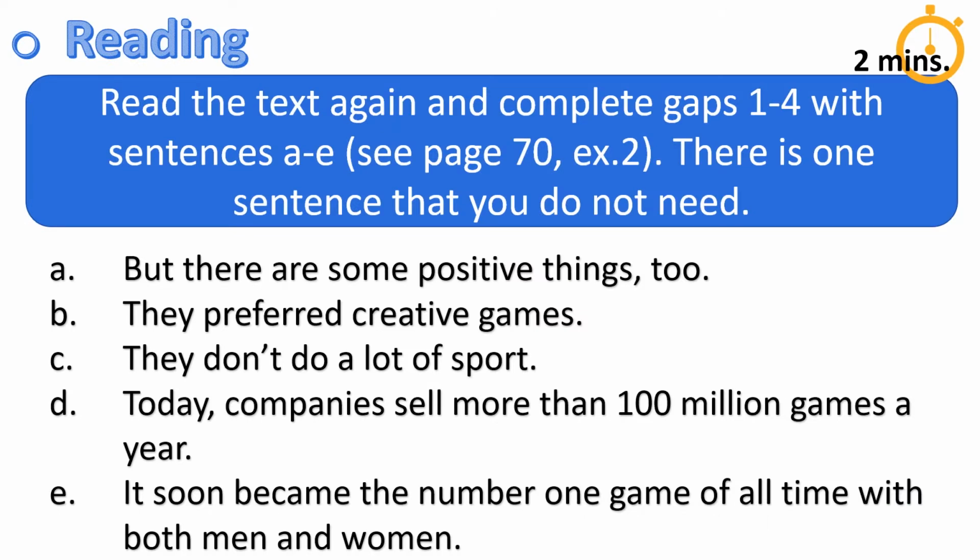Let's do the next exercise in order to set our text. Read the text again and complete gaps from 1 to 4 with sentences from A to E. There is one sentence that you do not need. For this exercise, I will give you again 2 minutes. Please start.